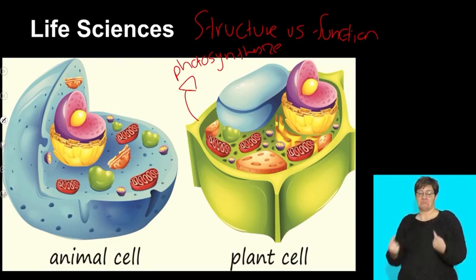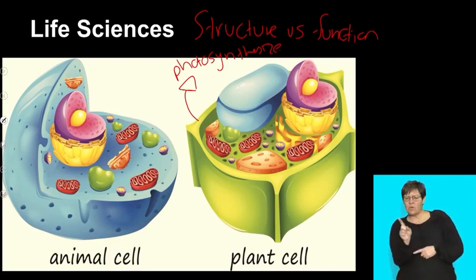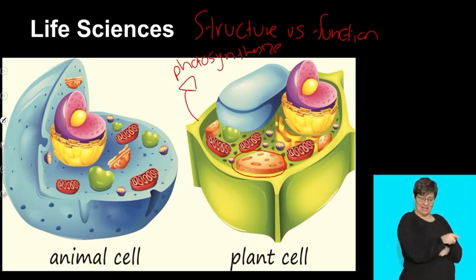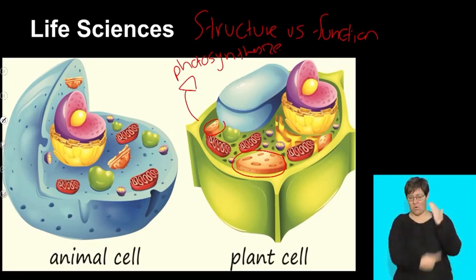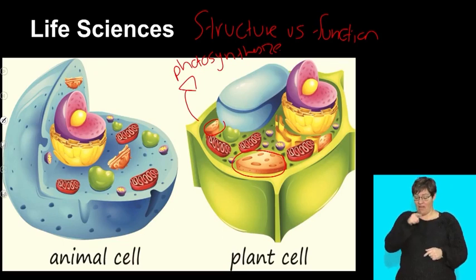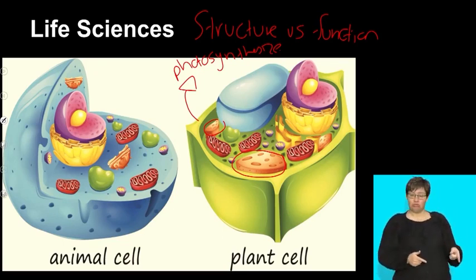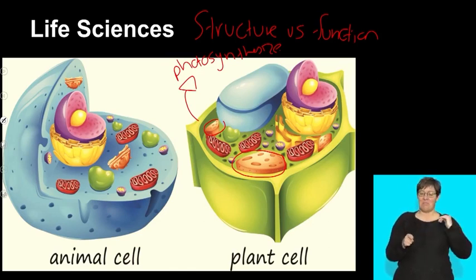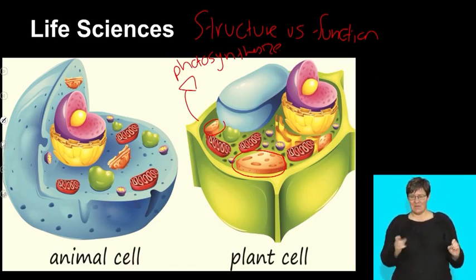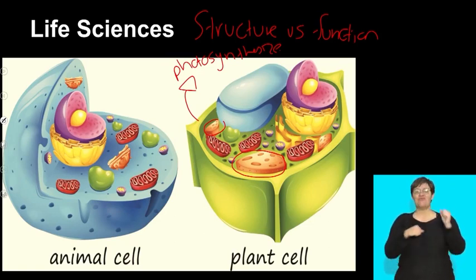So we're going to see organelles inside the plant cell that an animal cell is not going to have, and vice versa. We're going to see certain structures in the animal cell that might not necessarily be in the plant cell. That is important because you need to understand the difference between a plant cell and an animal cell, and that is going to be in its structure and the things that are inside of it.